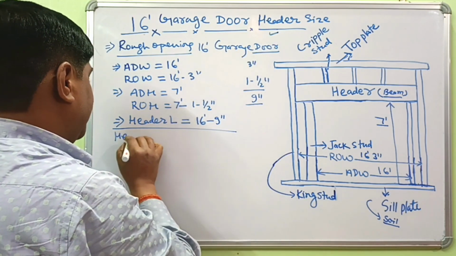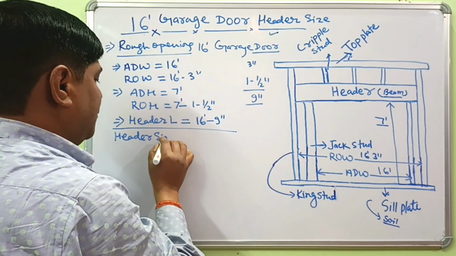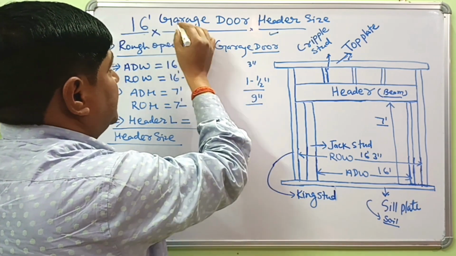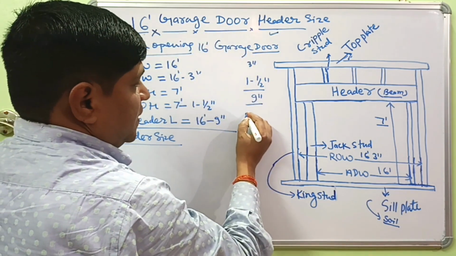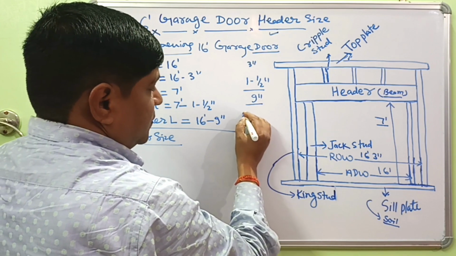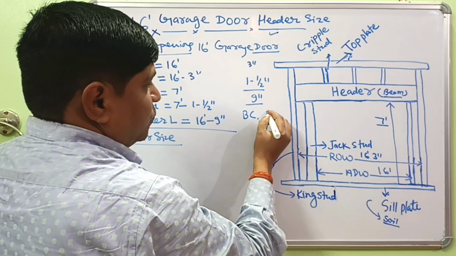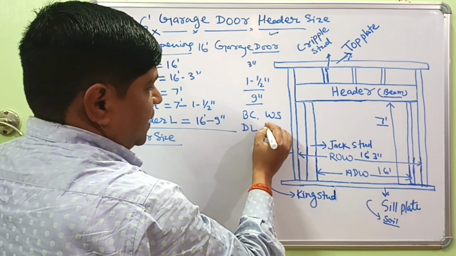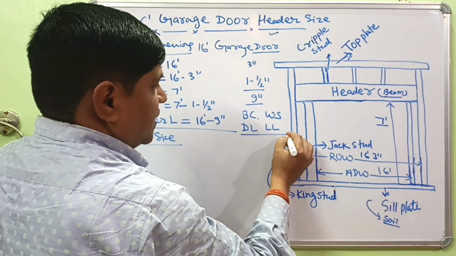And what will be the header size? If you want to find the correct header size for installation of a 16 foot garage door, you know that header size depends on building code, wood species, dead load, live load, and many other factors.